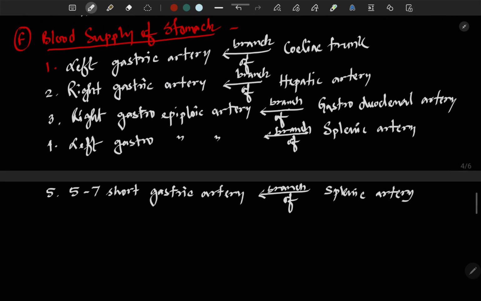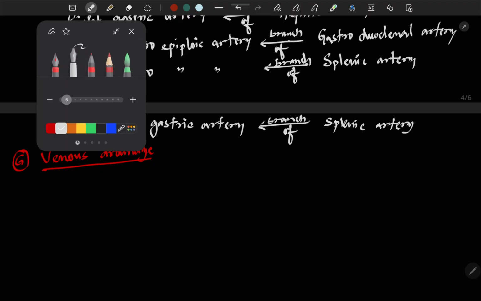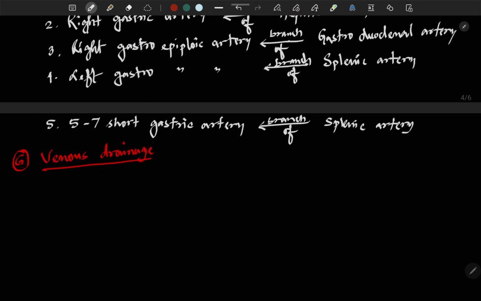Next, after blood supply, the venous drainage. Number 1, portal vein.